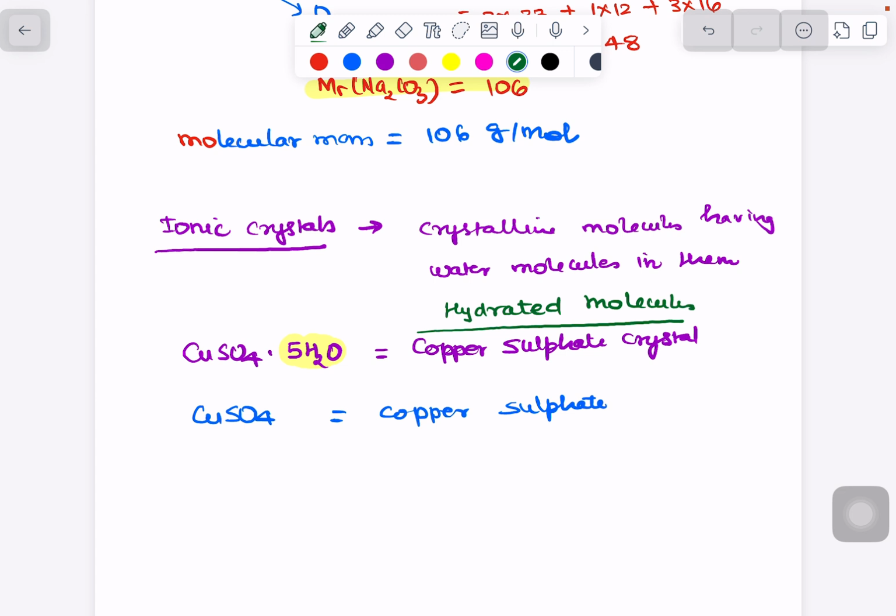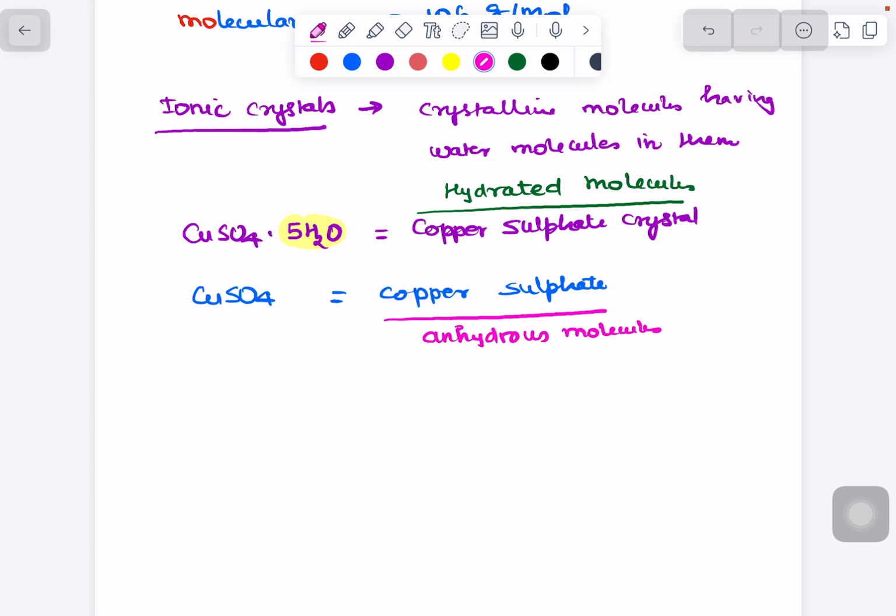When there are no water molecules in the formula, we call them anhydrous molecules. So hydrated molecules and anhydrous molecules. Now, how to calculate the molecular mass or relative molecular mass of hydrated and anhydrous molecules?